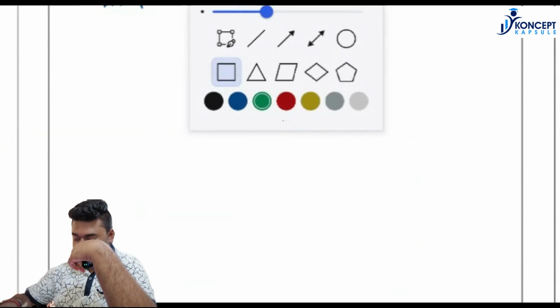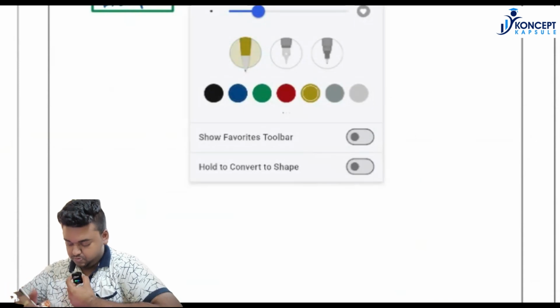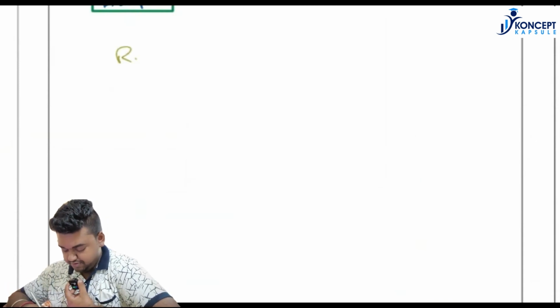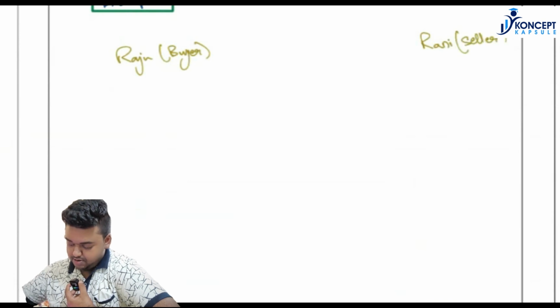We will take the same example we took for understanding derivatives. We have Raju on one side who is a buyer, and Rani on the other side who is the seller, and we have a contract in between.